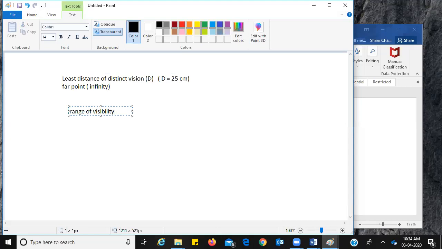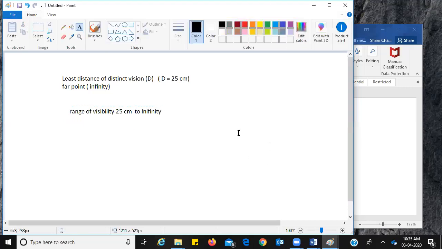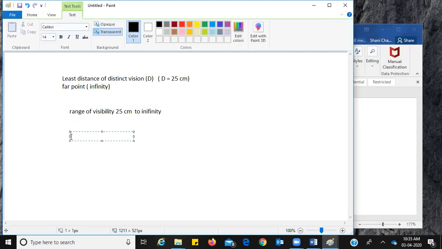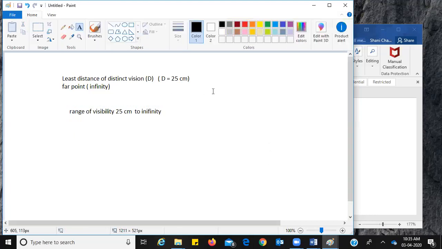Now, you know what is short sight? Just tell me what's short sight, just for understanding. You can see objects that are close to you clearly, but you're not able to focus on objects that are further away from you.